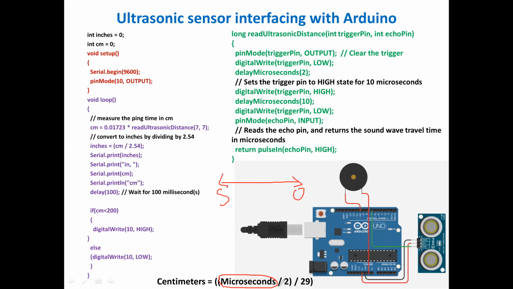Then we divide by 29, which is nothing but the speed of sound. So 1 divided by 2 into 29, if you do this, you will get a value of 0.0172, which you can use to measure the distance in centimeters.